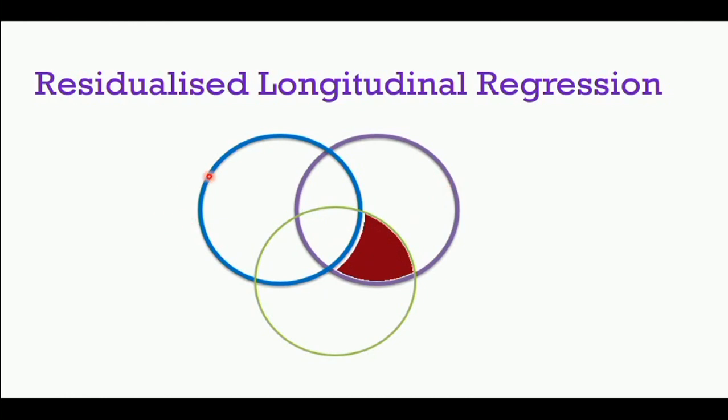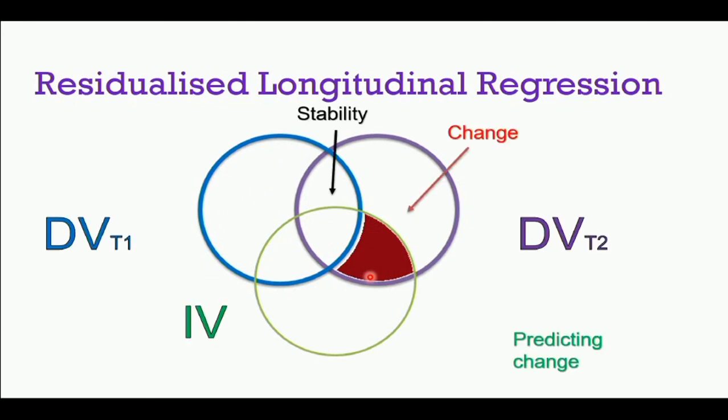But by controlling for the pre-existing drug and alcohol usage, we've taken that out statistically, we eliminate that, and we're just looking at this area here. And that shows the change over time that is explained by the IV.